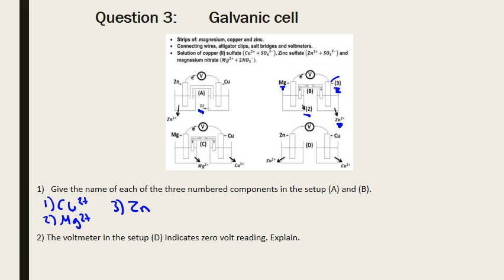Question 2 says the voltmeter in the setup D indicates 0 volt reading. Explain why. As you can see here, all of them have salt bridges, so this is called a salt bridge, except D. In D there is no salt bridge.